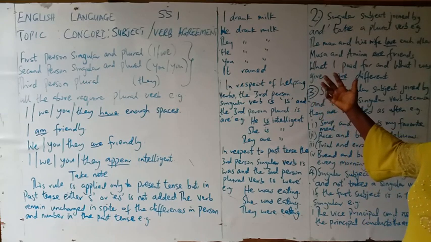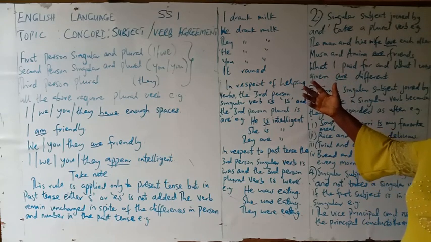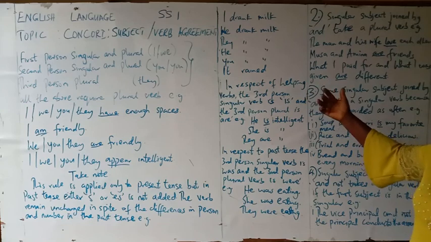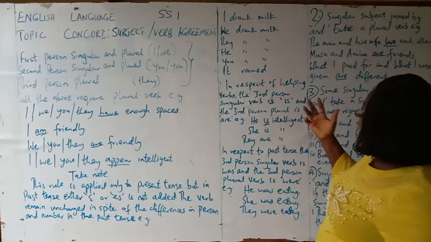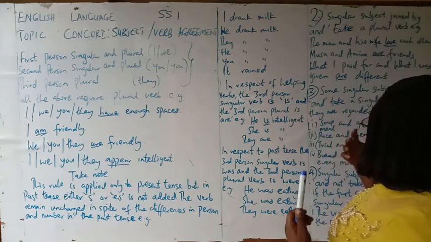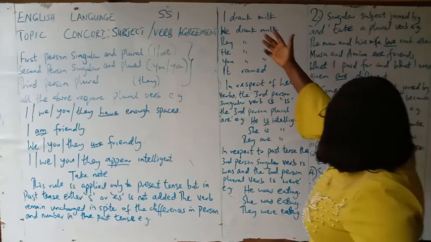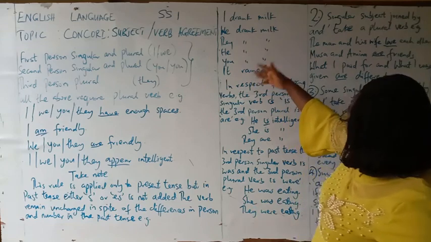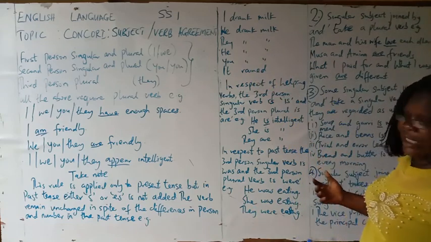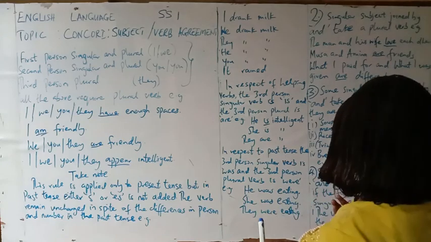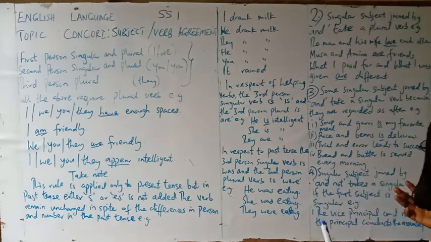They drank milk. He drank milk. You drank milk. It rained. You discover that drank remains drank when it comes to past. There was no change in the verb.